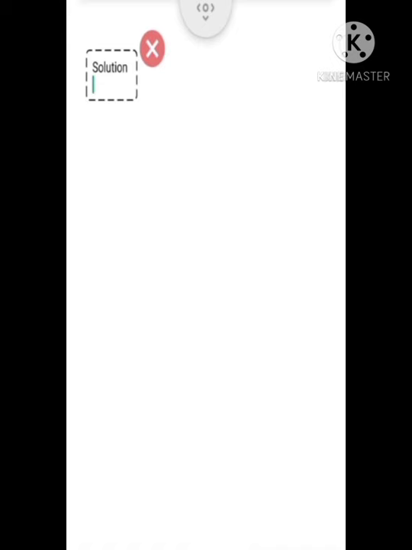So in the solution, we need to find the mean of the goals. First we need to write the given data.